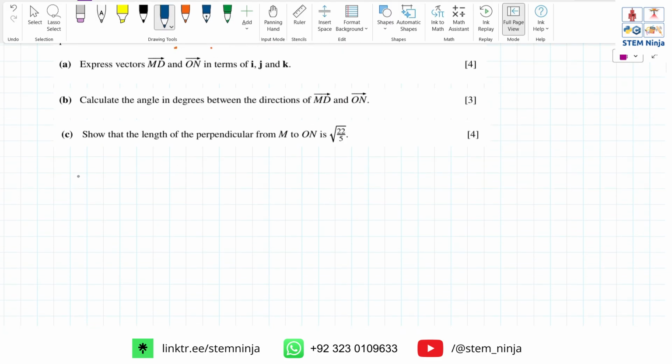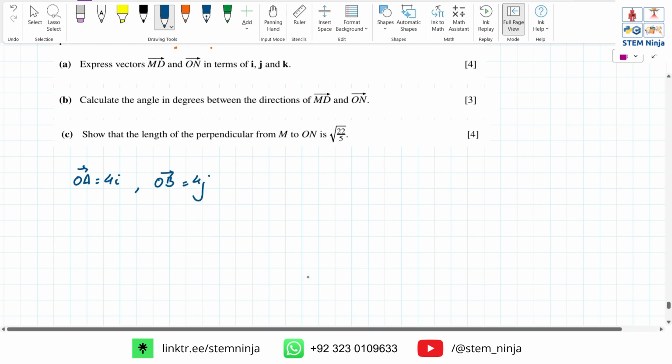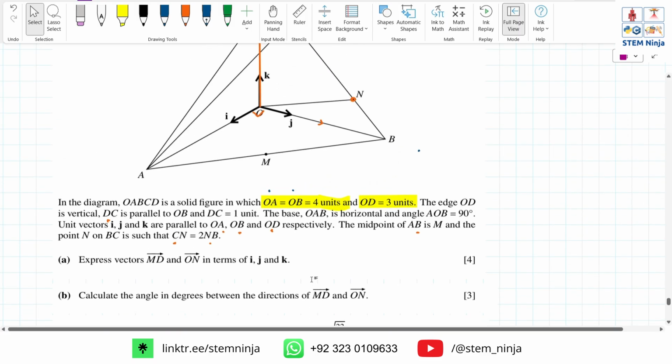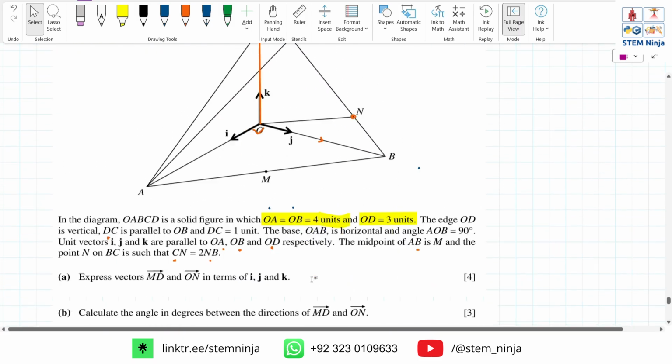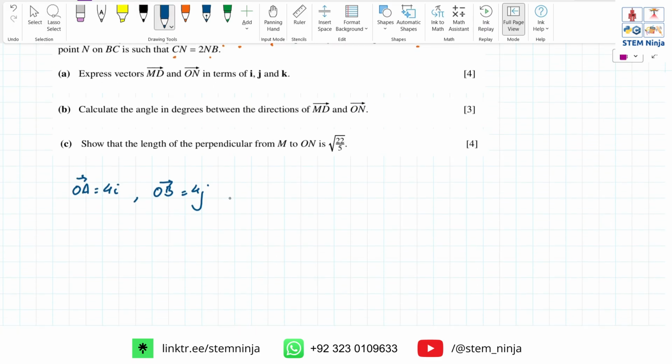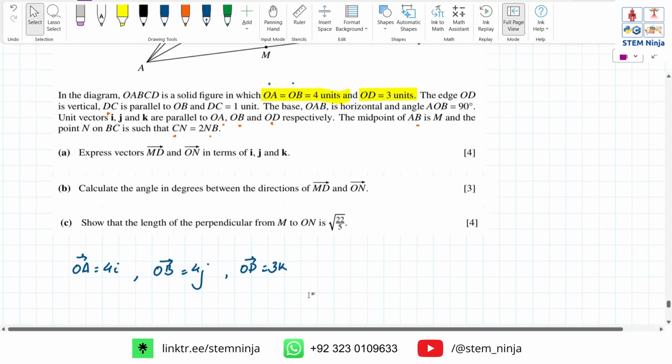So OA would be 4I and OB would be 4J. Yeah, so B is in J direction. And OD is 3K.